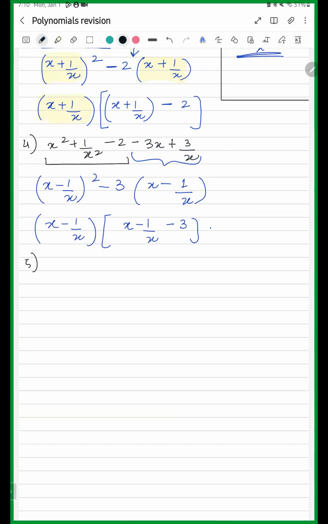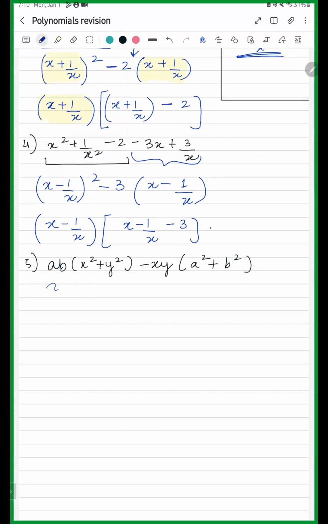Acha, let's see. Okay, let's do this one. AB into x square plus y square minus xy into a square plus b square. Okay. So what you can do here is, just a minute.